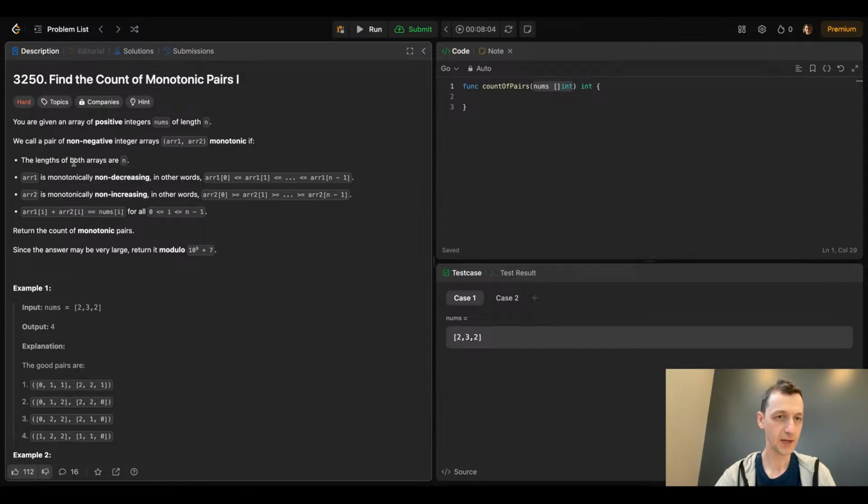Okay, they have the same length. Array 1 is monotonically non-decreasing. So it's not decreasing; the next value is at least the same size or higher. But array 2 is monotonically non-increasing. So there are different directions.